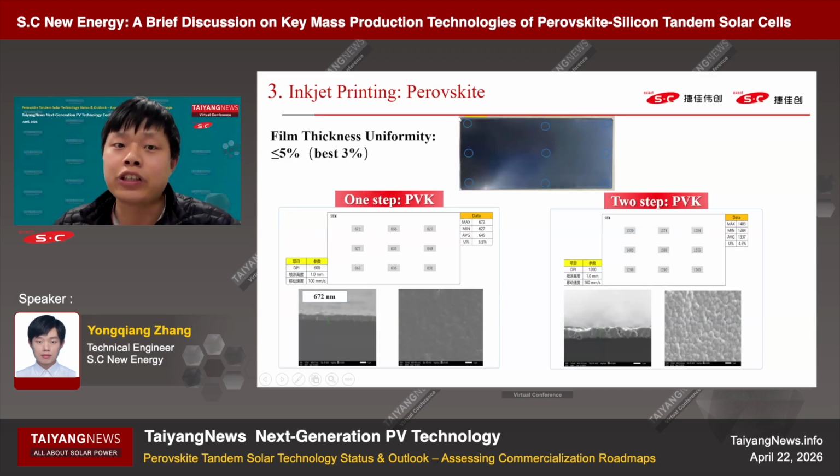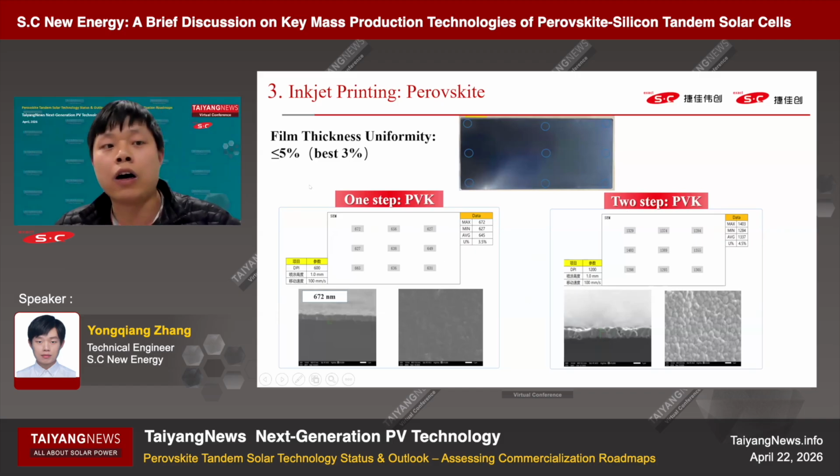Here is an example on one of our 210 millimeter half wafer substrates. You can see we tested the one step perovskite film and the two step perovskite film, and if you check the numbers inside, you can see the result is uniform.